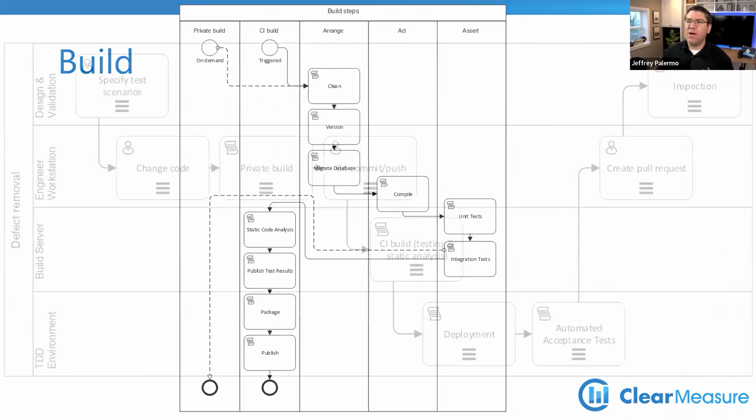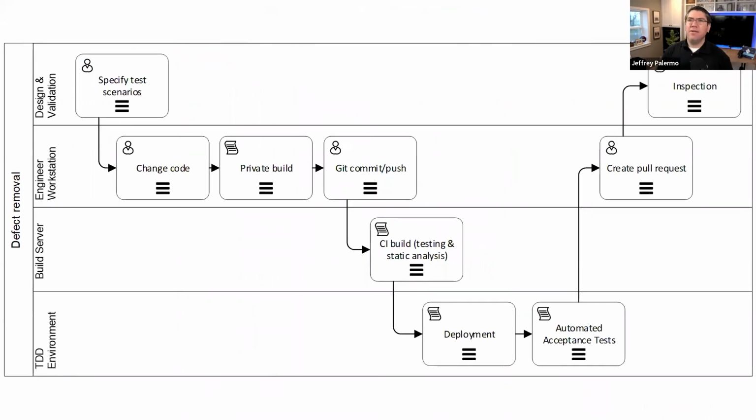So for pull request, that process is as follows. And this process is a defect removal process in general. But when we're thinking about security flaws or security breaches, we think about that as a defect, okay?